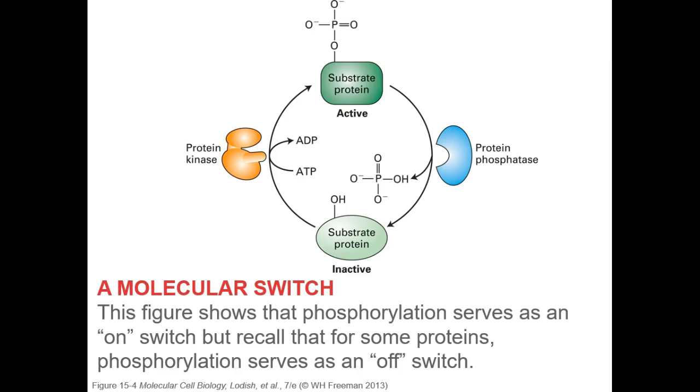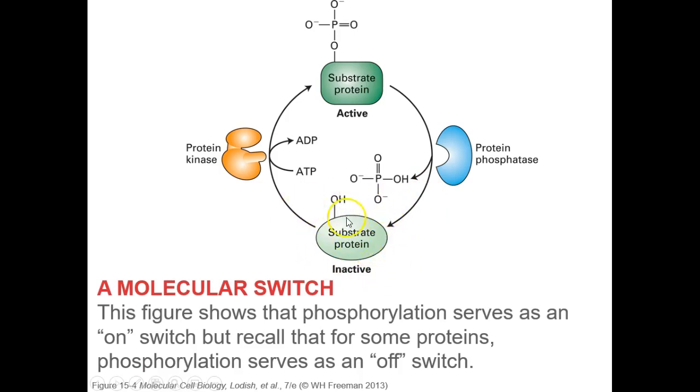So this is just a picture to show what we mean here. Here the substrate protein is shown phosphorylated and active because the kinase has phosphorylated it using the ATP as a phosphate donor. And in the other direction, the protein phosphatase has catalyzed the hydrolysis of the phosphate to remove the phosphate.